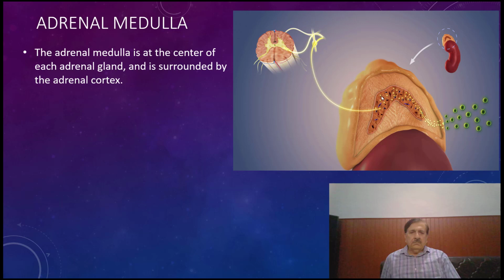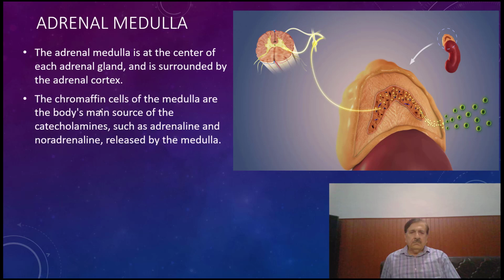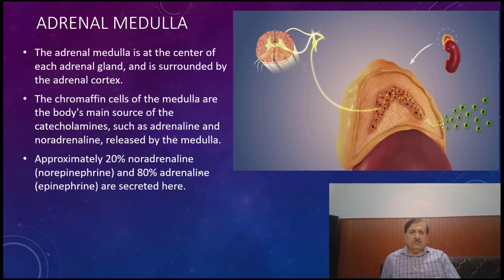The chromaffin cells of the medulla are the body's main source of the catecholamines, such as adrenaline and noradrenaline, released by the adrenal medulla.